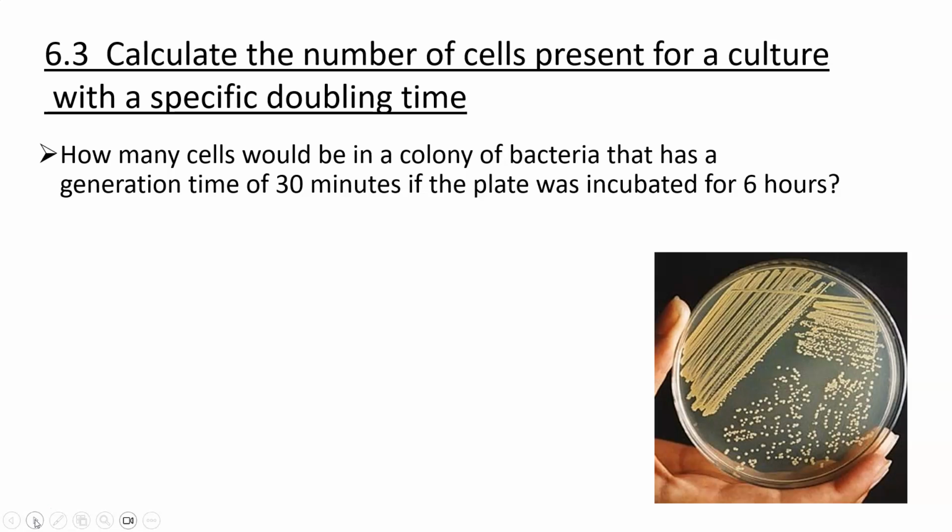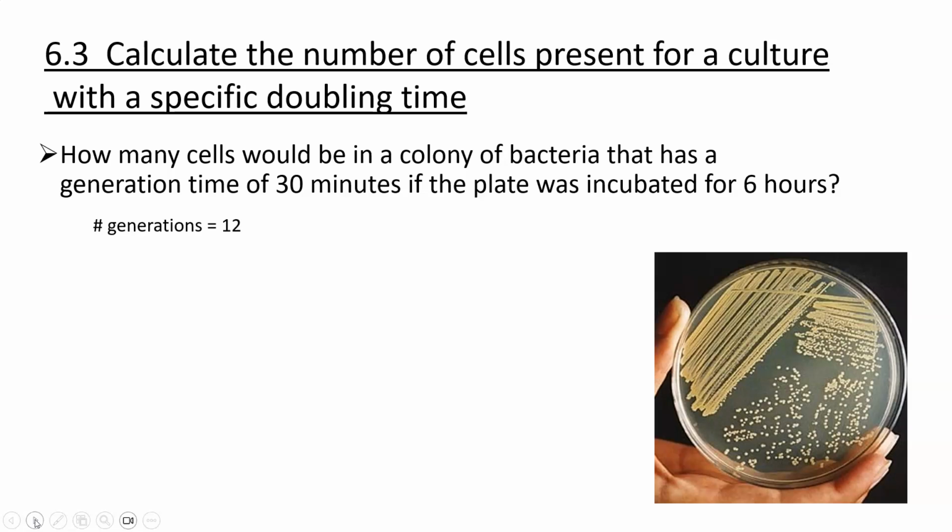How many cells would be in a colony of bacteria that has a generation time of 30 minutes if the plate was incubated for 6 hours? Look at that question carefully and see if you can figure it out. Every generation, you're going to double in numbers.